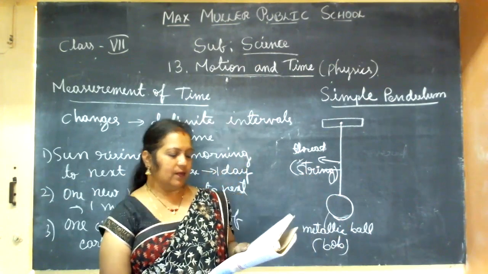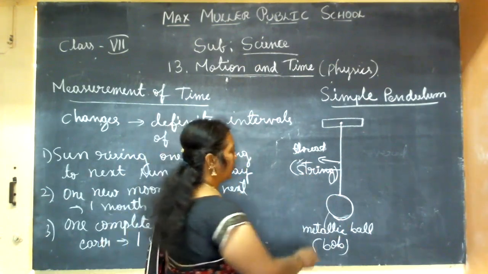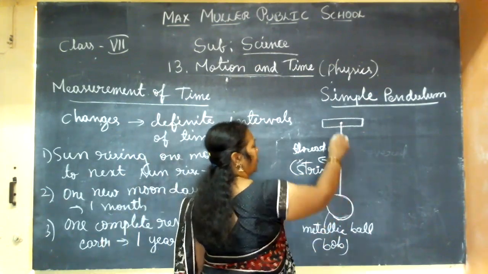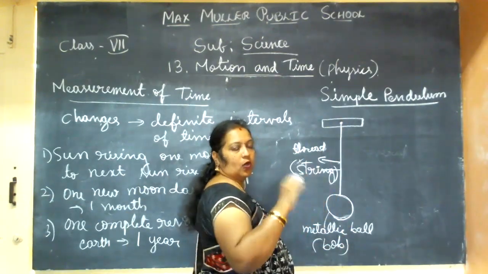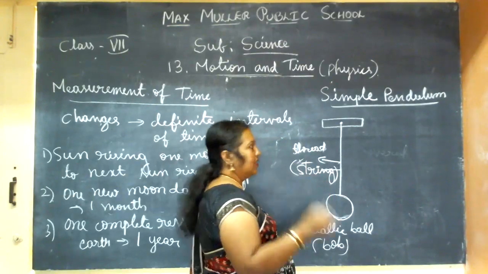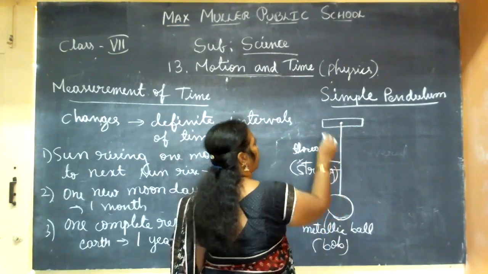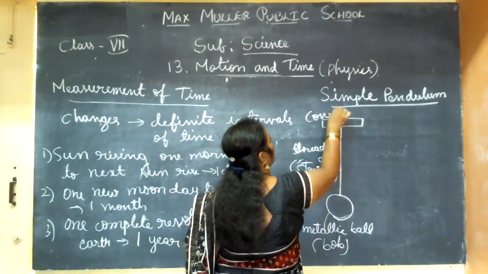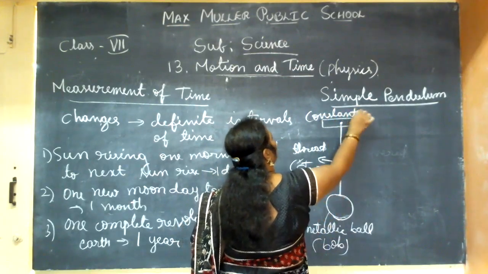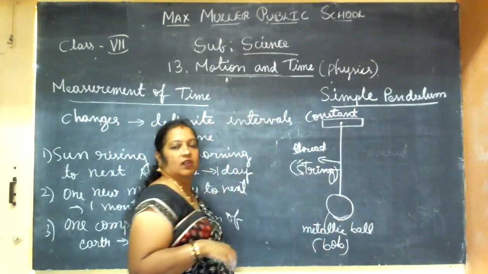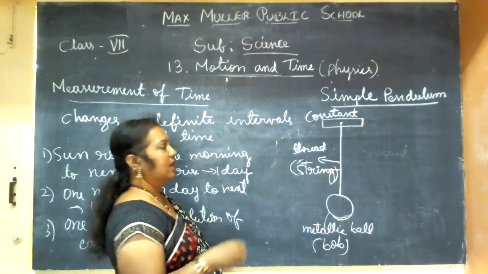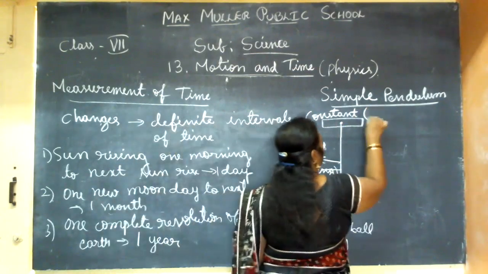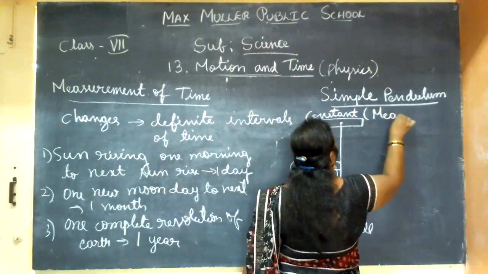It shows the simple pendulum. Now it is hung here from a proper support. Here a nail is fixed to the wall or any wooden part, then it is hung. Now it is in a constant position. This constant position we call the mean position.